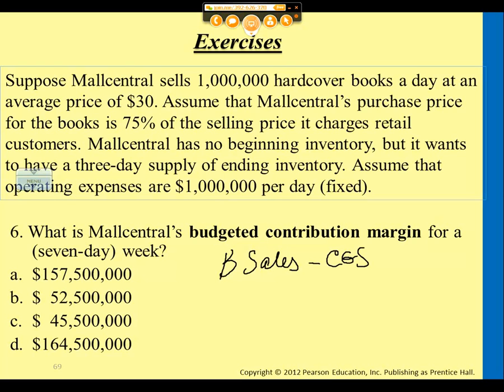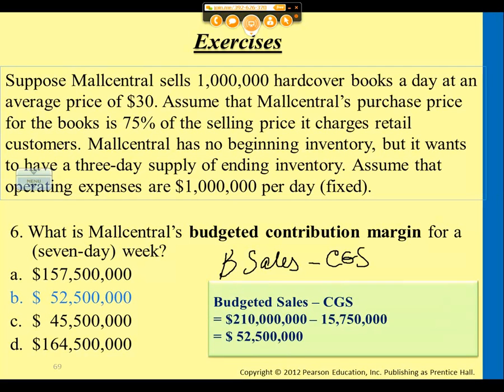We just calculated it on the previous one. We said it was 210, right? And cost of goods sold is our 15 million, whatever that number was. Just a second. So it's 210 million minus 15.75 million, and we get 52,500,000.